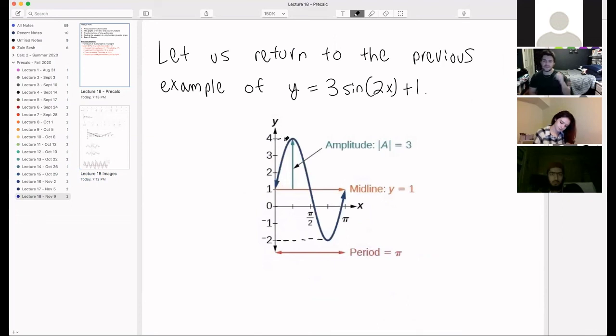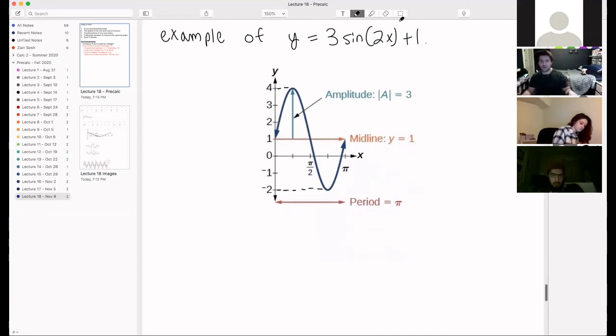If you want to be technical, these are called the minimum and maximum values. So the minimum value is -2 and the maximum value for this graph is 4. You'll notice that the midline sits exactly midway between the minimum and maximum.